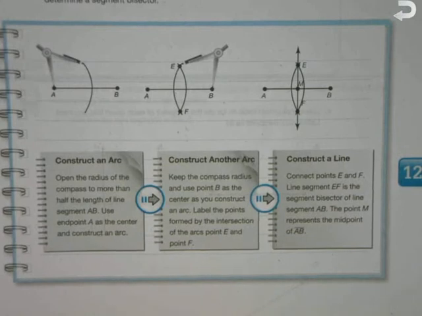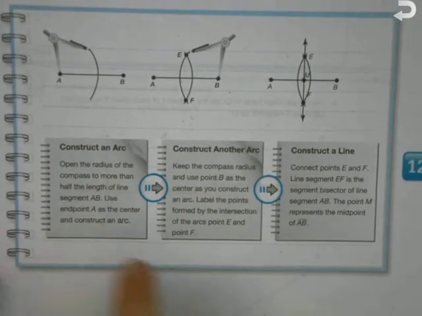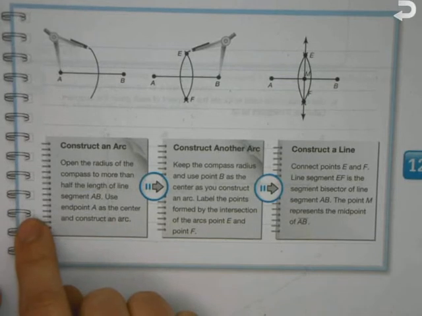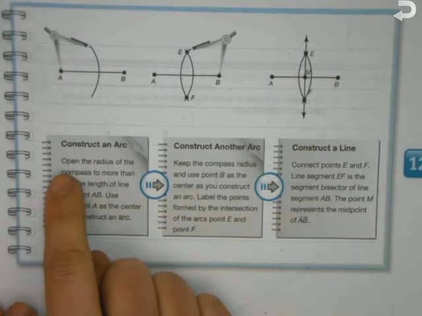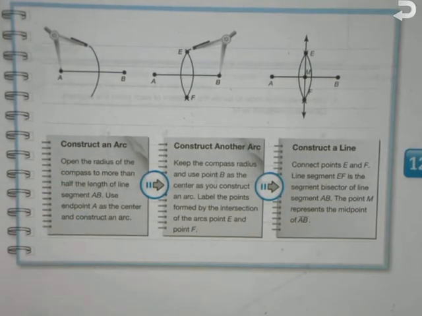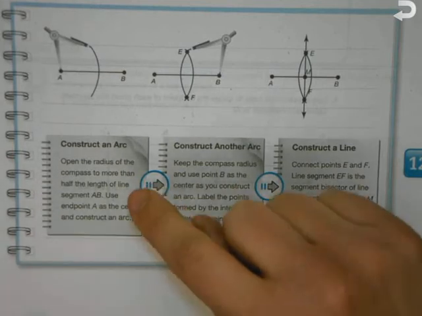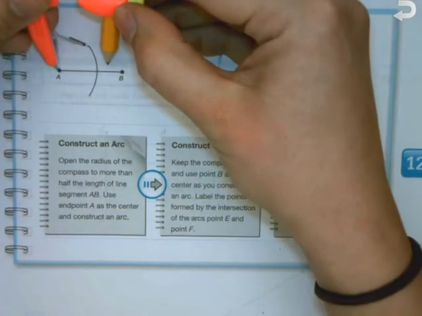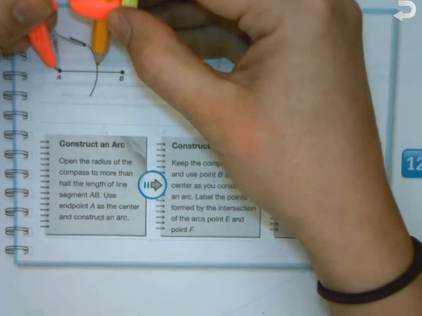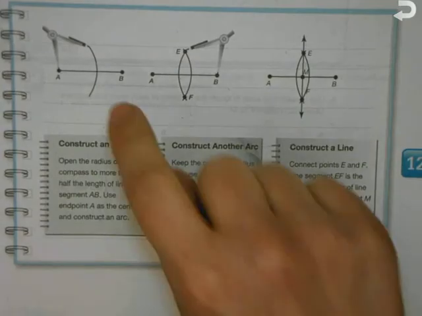So the instructions are all written out for us. I'll read them to you, but it's already right here for you. So to construct a midpoint or a midpoint bisector of a segment, the first thing you are going to do is open the radius of your compass to more than half the length of your segment. Then draw an arc going through my segment.